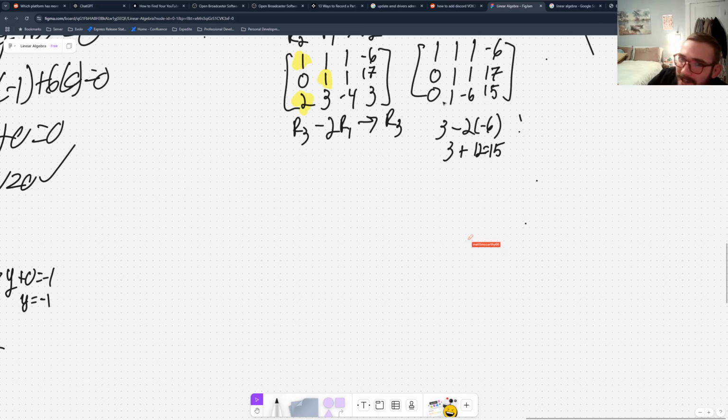Okay, so the goal is to get a 0. So how would we do that? We'd want to subtract probably row 2 from row 3, right? Yeah. So we would do row 3 minus row 2 into row 3.